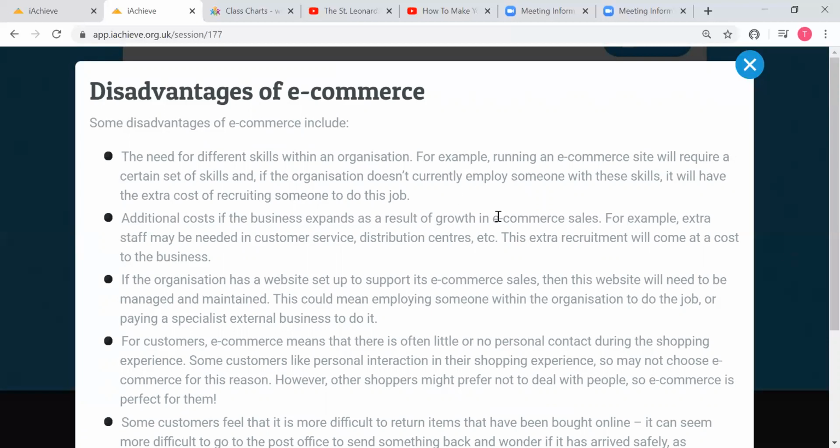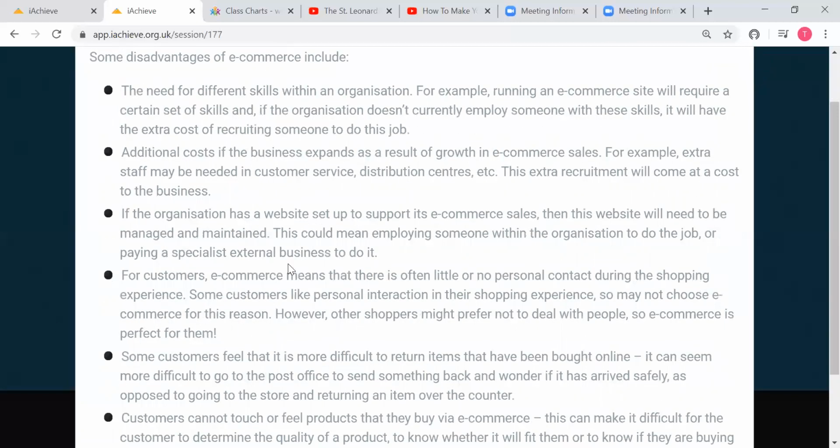There can be additional costs for a business as it grows into e-commerce sales. For example, extra staff may be needed to package and mail out the product to customers. And this extra recruitment will come as a cost. If the organization has a website to set up and support, it's going to need to be maintained on a daily basis so that it always has the most accurate information.